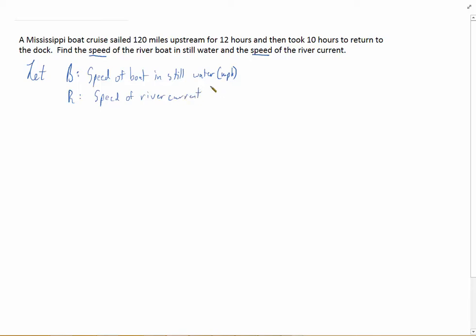And that will also be in miles per hour. Now, another key word here is that we have an upstream, and then in the return to the dock, that will be downstream. So when we're returning, that will be downstream.